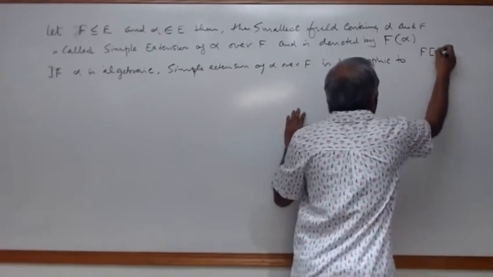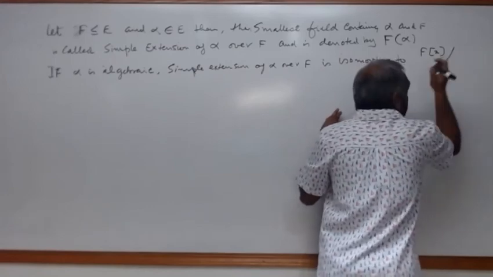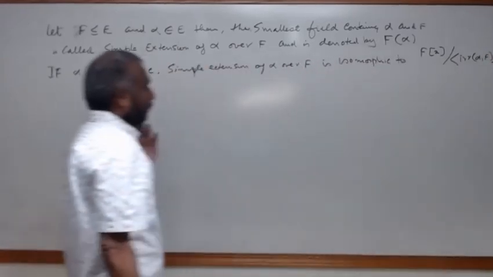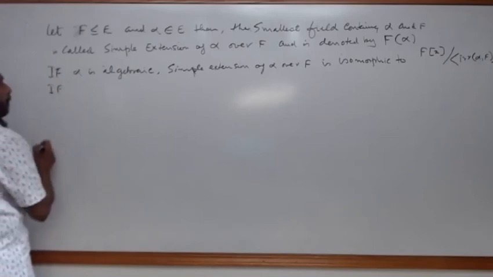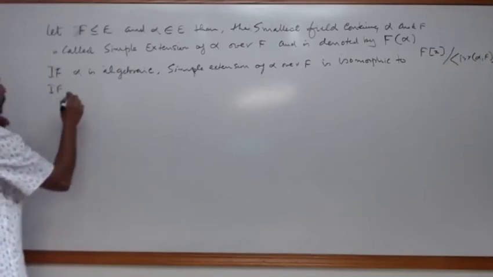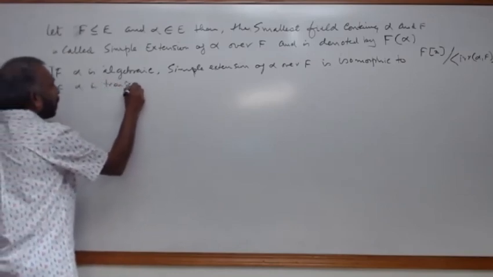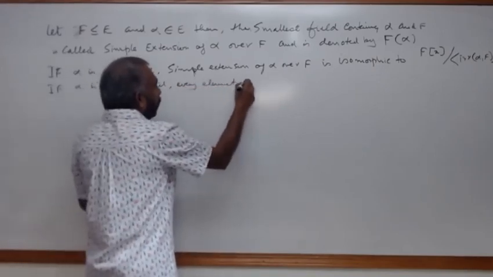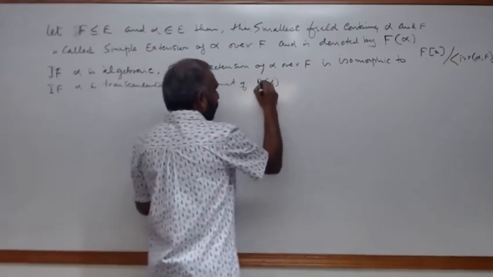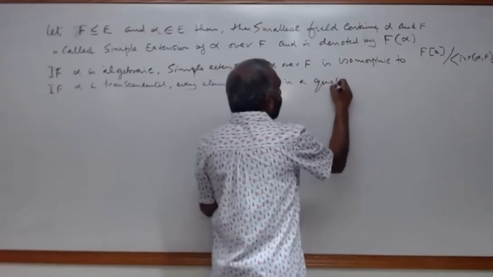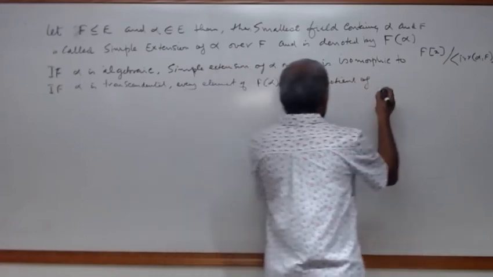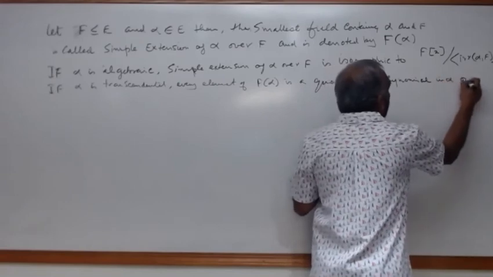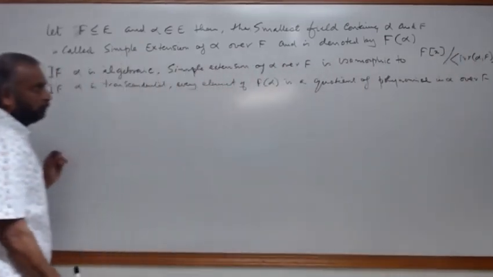Isomorphic to F[x] over the ideal generated by the irreducible polynomial of alpha over F. If alpha is transcendental, every element of F(alpha) is a quotient of polynomials in alpha over F. Okay?